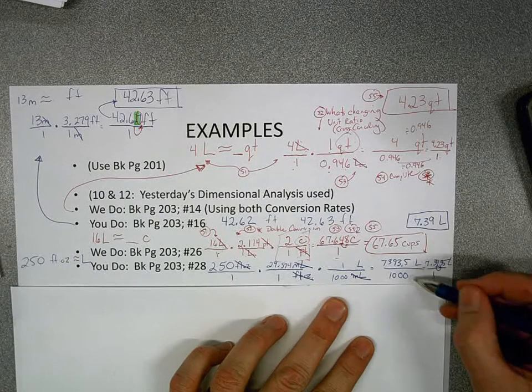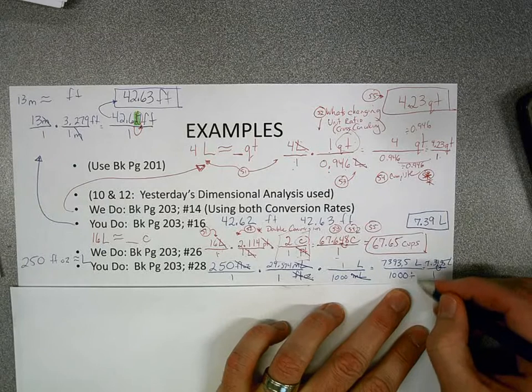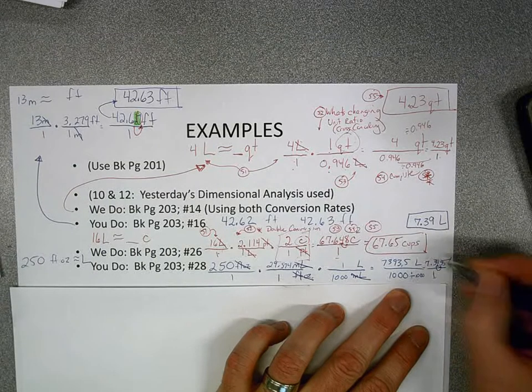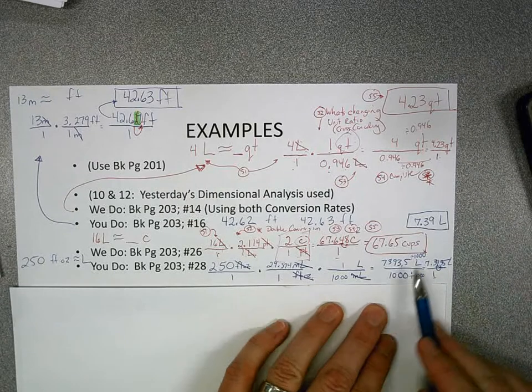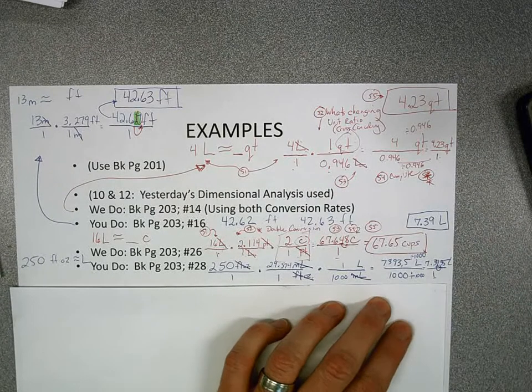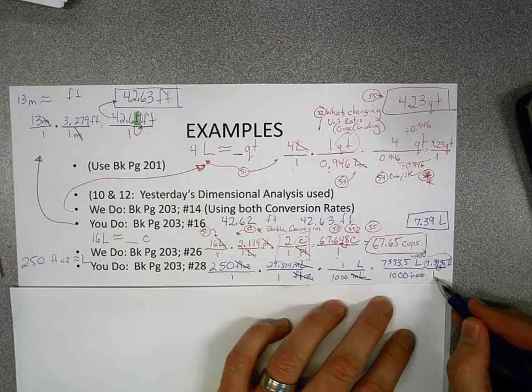Remember we had to get like a unit rate here, or in this case just get the bottom to 1. So I divided by 1,000 on top and bottom. I punched this into the calculator to get that. Because remember, the only way that this is a correct answer is if it's over 1. Then that's your simplified answer.